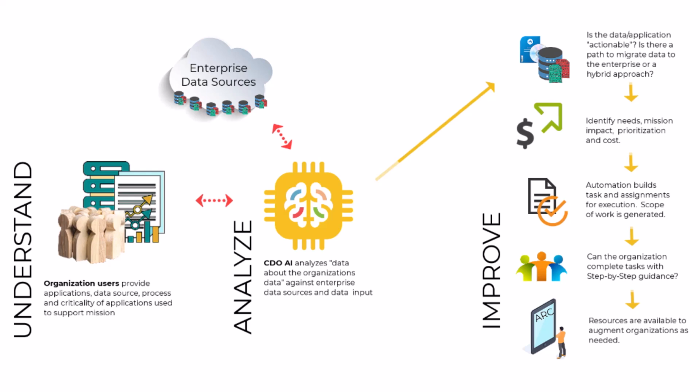How do you get that to balance against those enterprise data sources and then produce for you what data is eligible to or actionable to be able to migrate into the enterprise data sources or continue as a hybrid, perhaps with storage local and in the enterprise? So once the AI analyzes all that data and kind of does the comparison, now we need to move to improve.